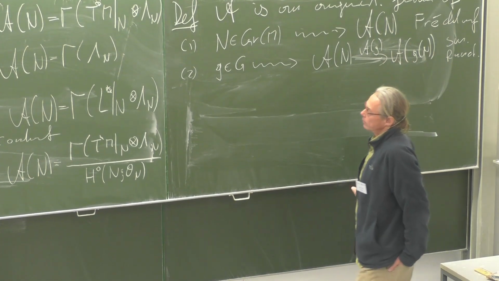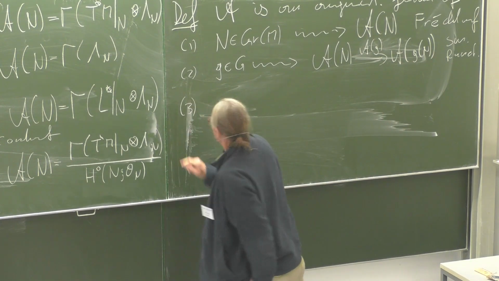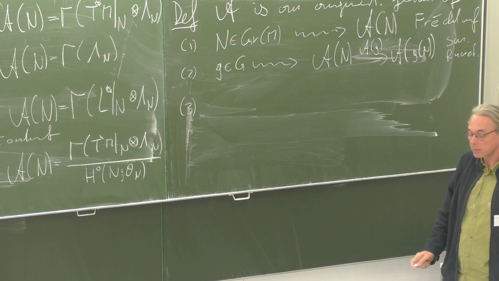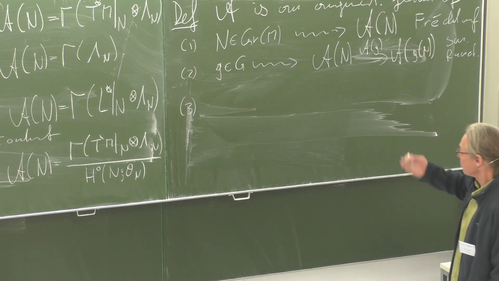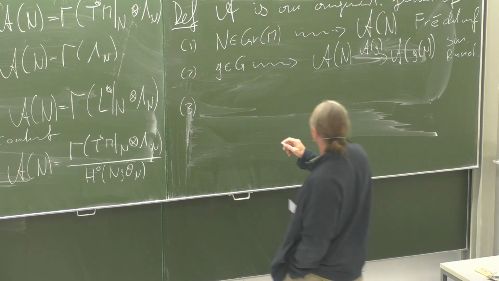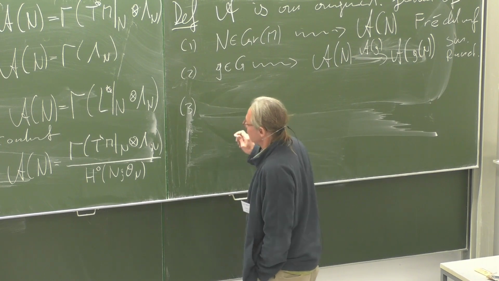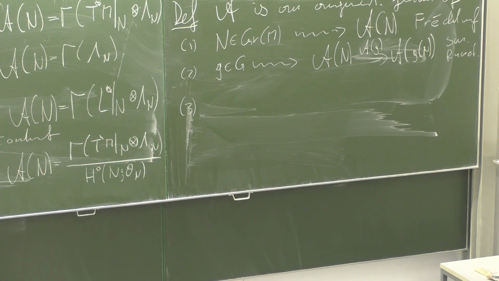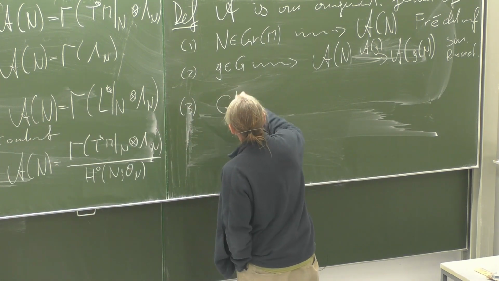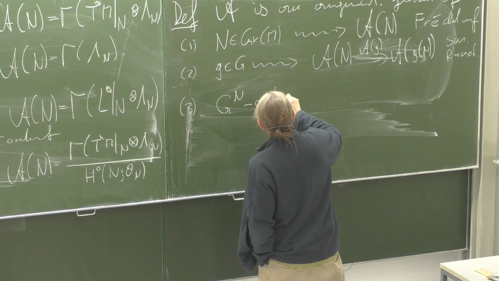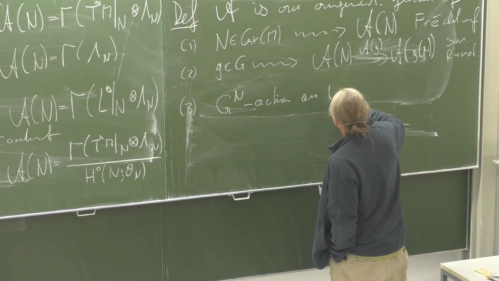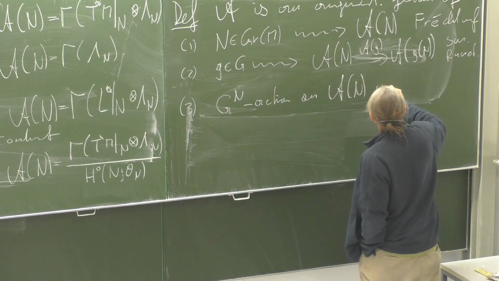And the third assumption we put is we ask for as much smoothness as makes sense. So we ask for the G_N action on A of N to be smooth.